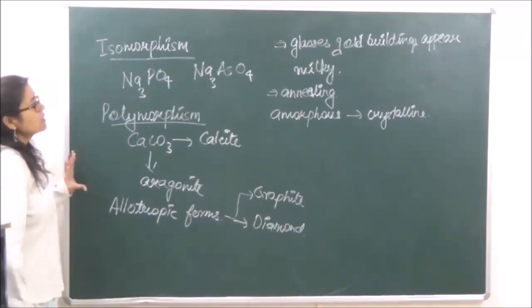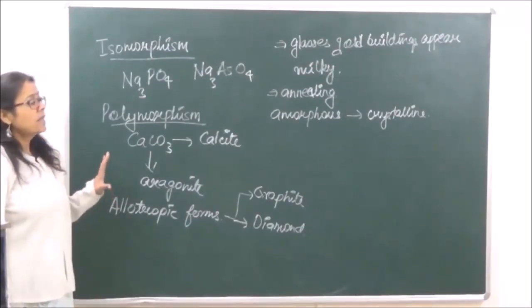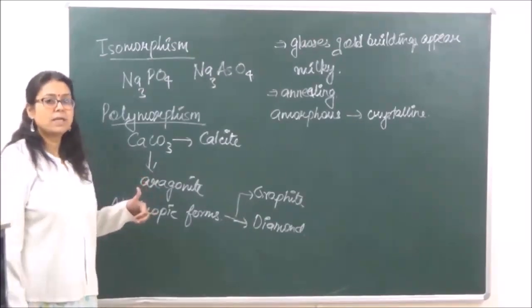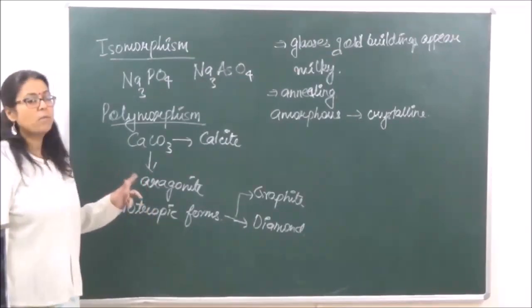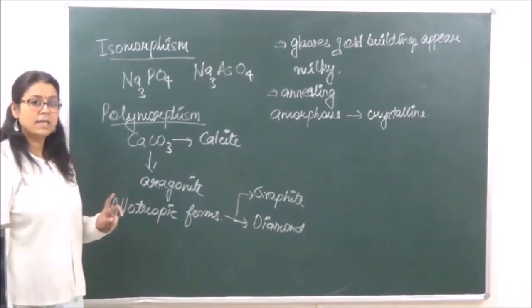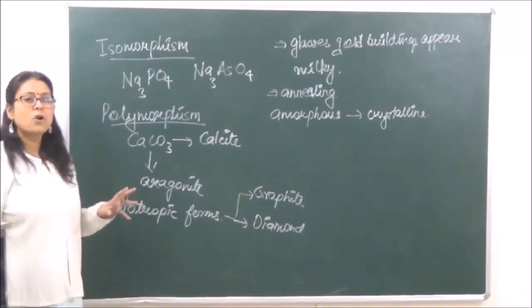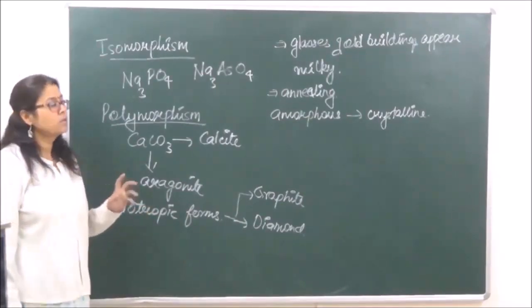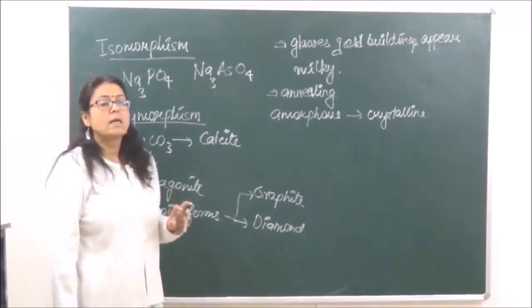Now, when we've done the classification, we classified the solids into two: one which was crystalline and the other was amorphous. Now we are going to further classify the crystalline solids on the basis of constituent particles and the forces of attraction between the constituent particles.